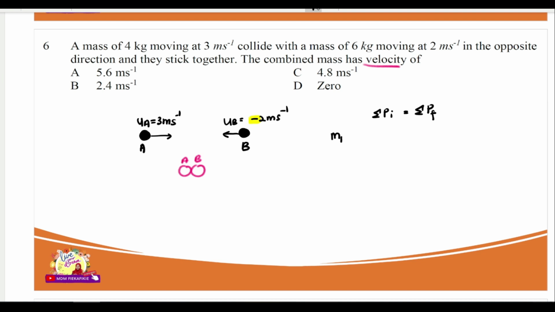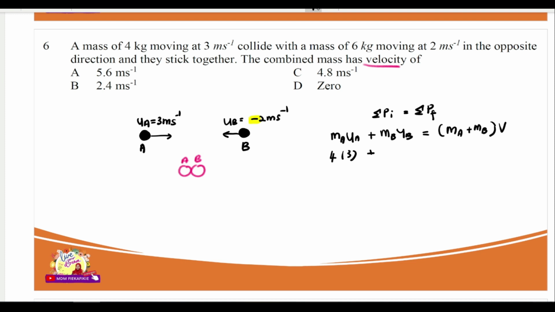So mA uA plus mB uB is equal to, since they are combined together, mA plus mB multiplied by velocity v. So when we calculate, mass of A is 4 times 3 plus mB, what is it? 6 kg.